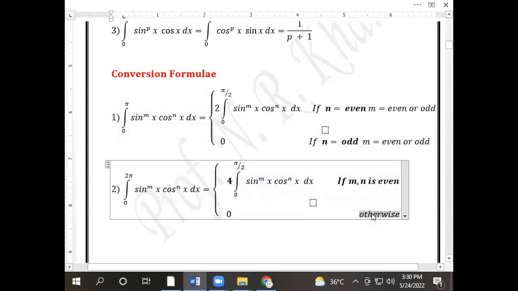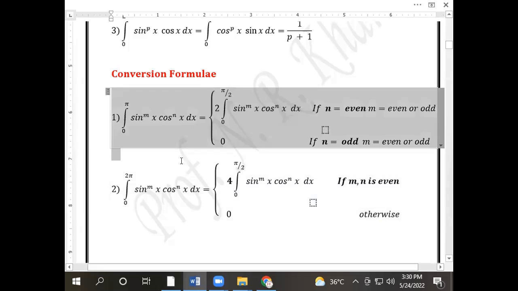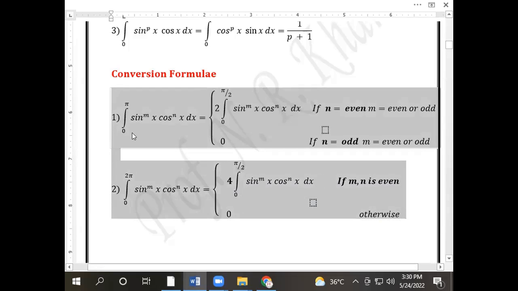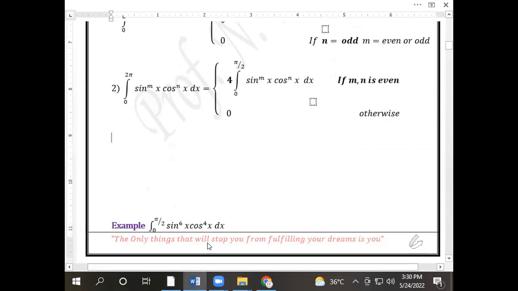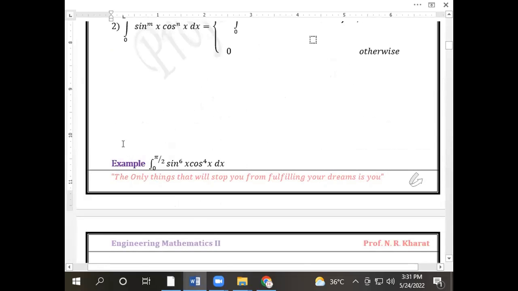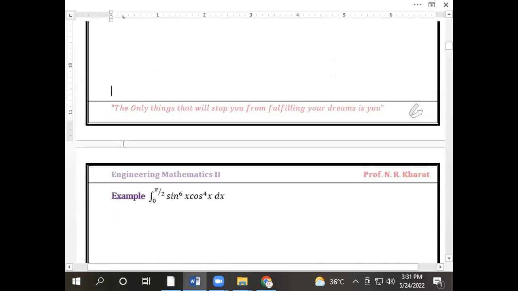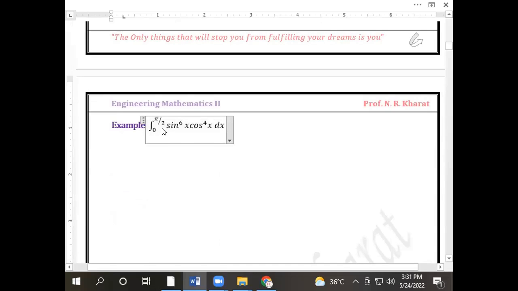Both are even, then we have to multiply the standard formula by 4. These are the two standard formulas for changes of limits from 0 to pi or 0 to 2 pi.